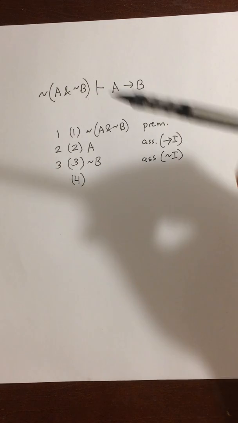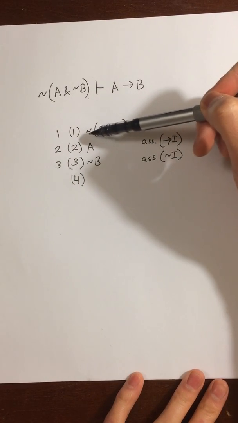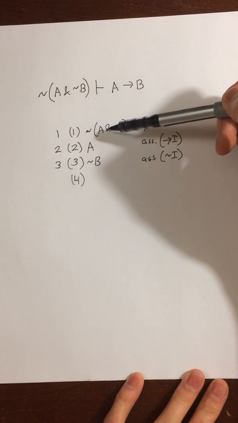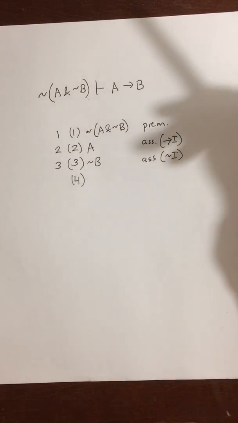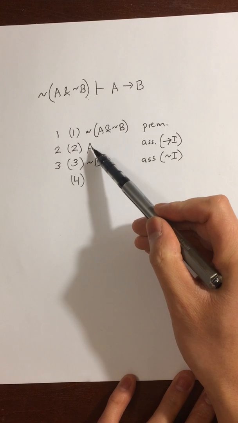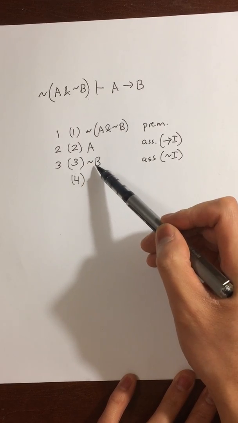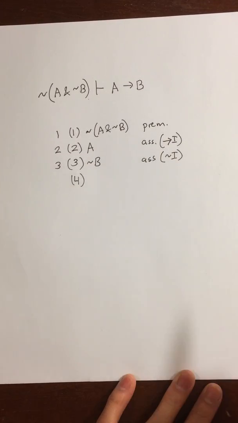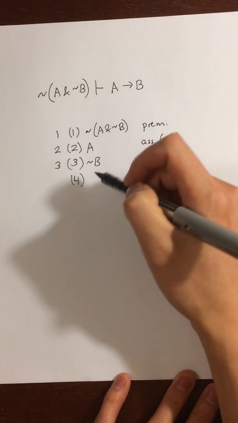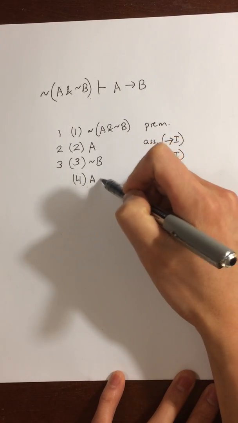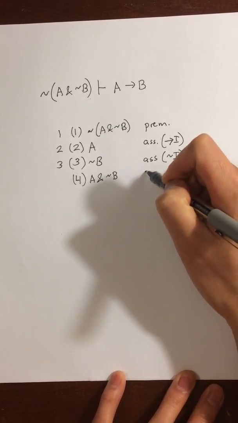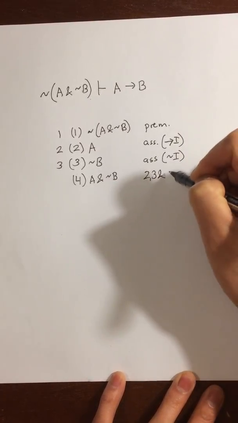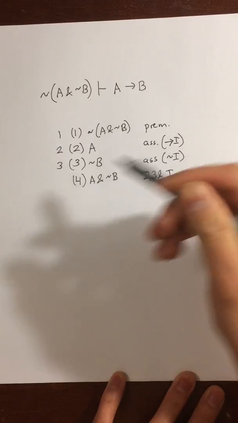Here, the opposite of the negation of A and not B is A and not B. And so we have A and we have not B. They're on two separate lines, but of course we can put those together by conjunction introduction.